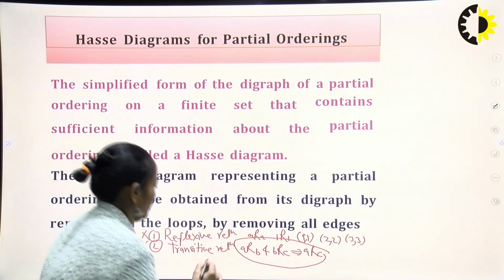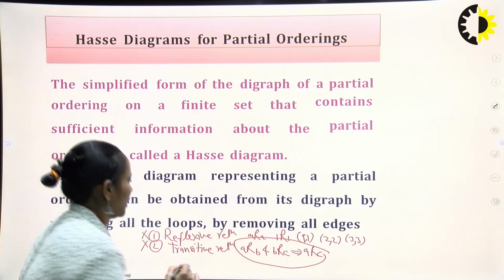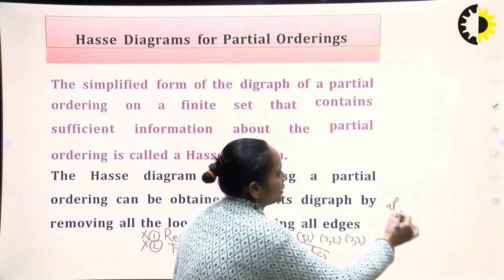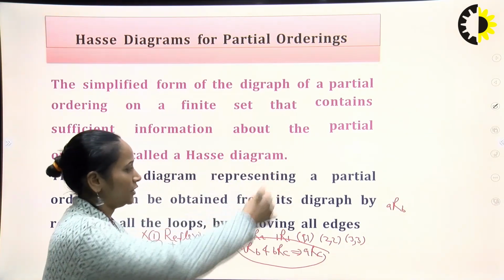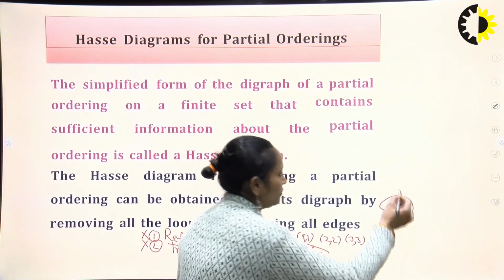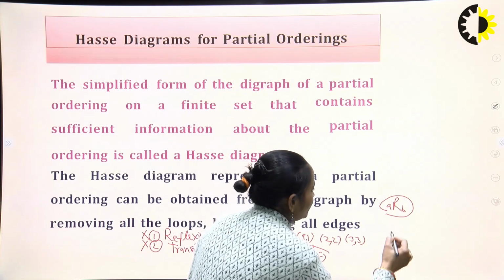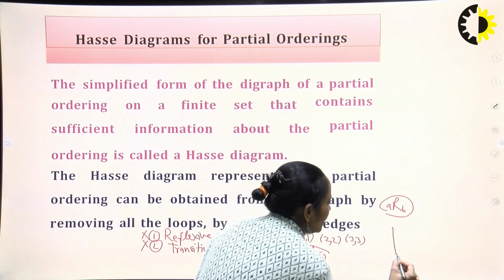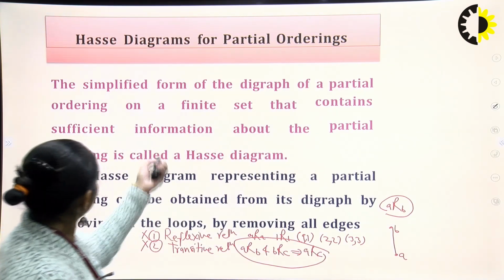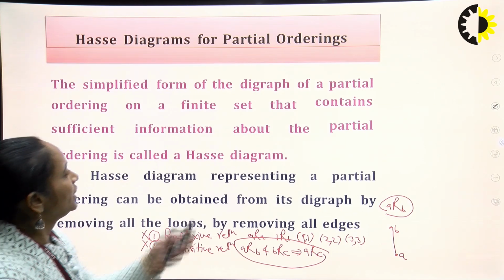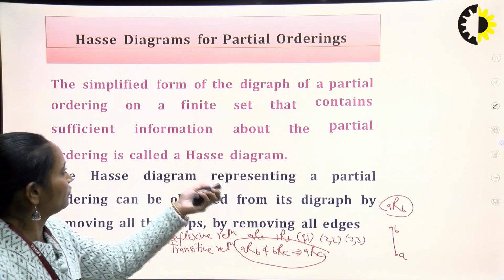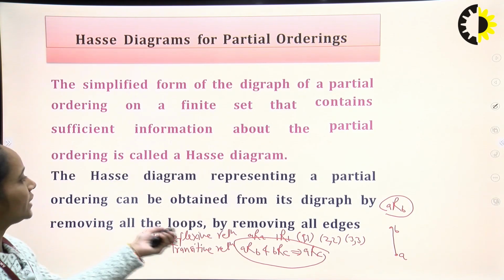Another thing we have to consider is that if A is related to B, then B is drawn above A. Suppose this is A and this is B. It is also described as the simplified form of the directed graph of a partial order on a finite set that contains sufficient information about the partial order, called a Hasse diagram.